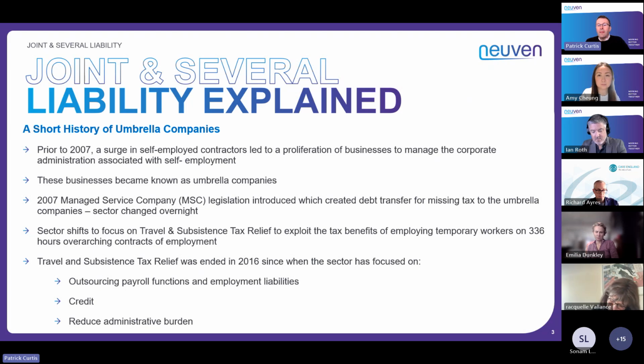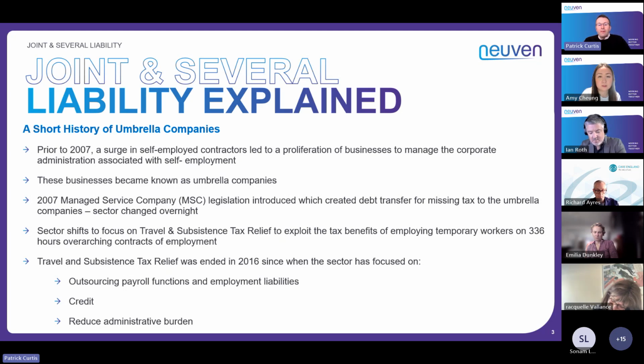These self-employed contractors were working via their own limited companies, and that led to a proliferation of businesses who offered services to manage company administration for them, to handle the admin of having a company on Companies House, and also dealing with the accounts and the tax side of that. These businesses became known as umbrella companies.